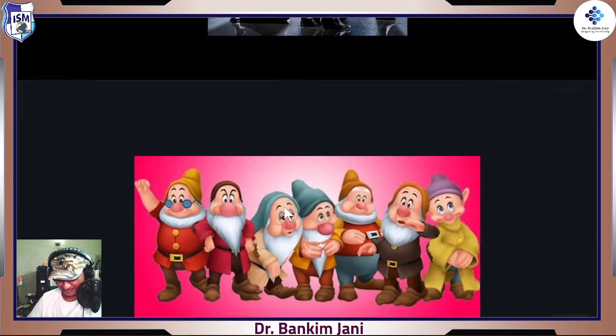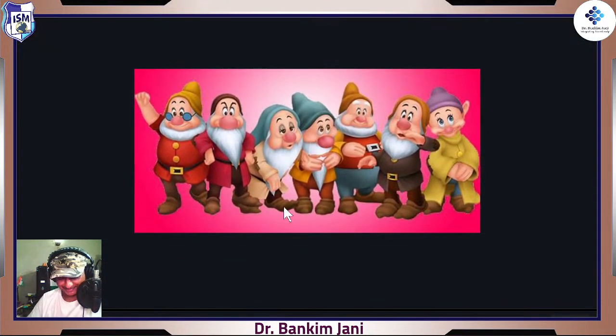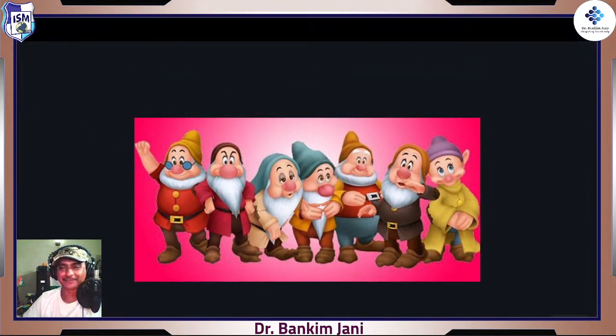If this is the thing, now watch for this. Again, this is so cute. All those 7 dwarfs. And these 7 dwarfs, again, they are our 7 muscles. All of them are special, they have got names. Say this one is Doc, with the identification of spectacles. This one is with those high eyebrows, so this is Grumpy.